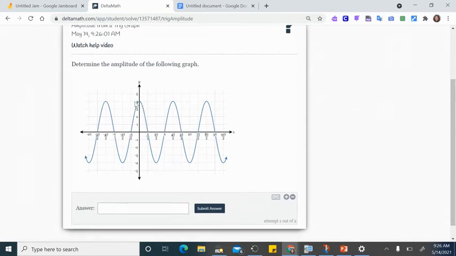Look at the highest y value and the lowest, see how far it goes from the highest to the lowest, and then take half of that. So on this one, it's from -4 to 4. So that goes 1, 2, 3, 4, 5, 6, 7, 8. And then take half of that. So half of 8 is 4.